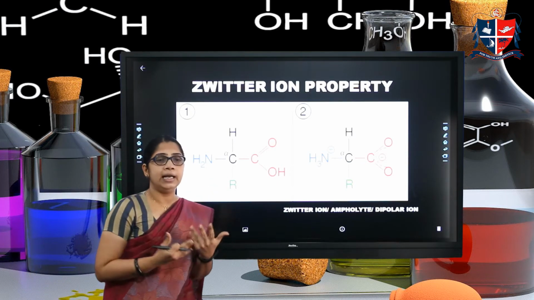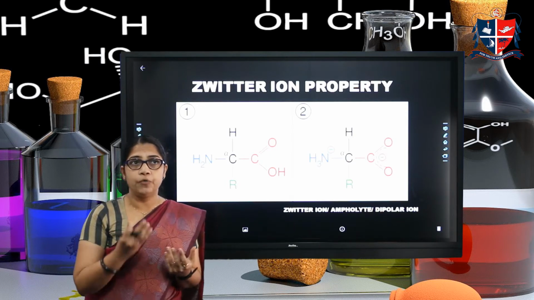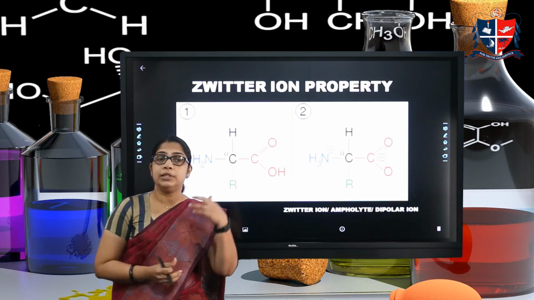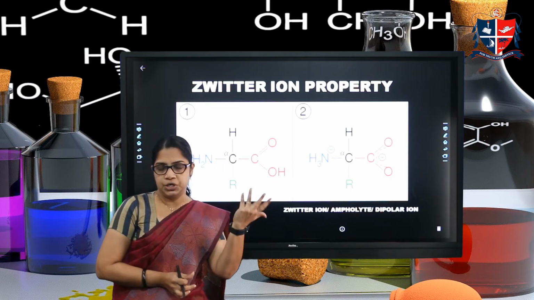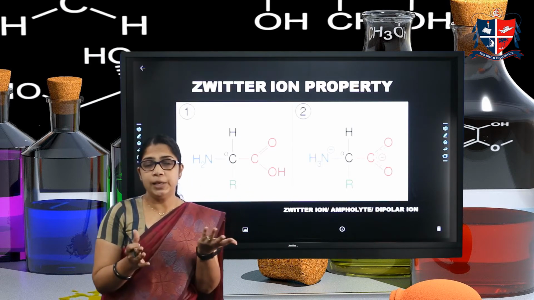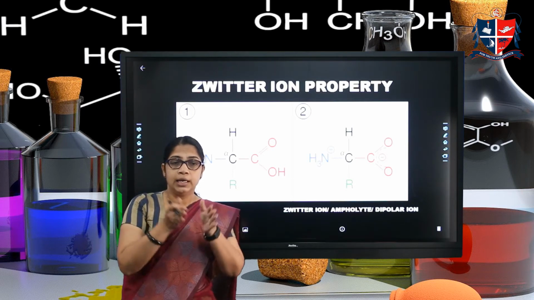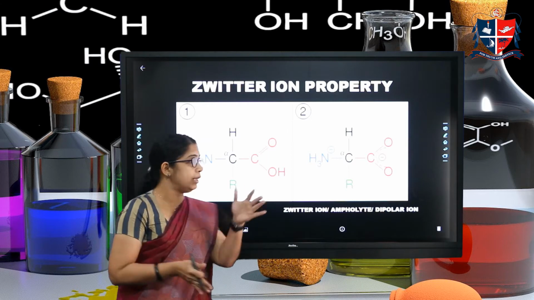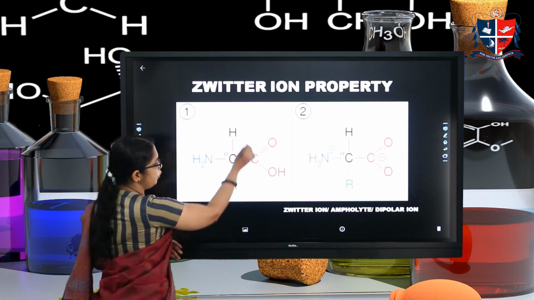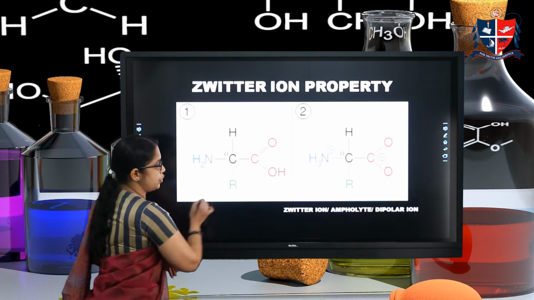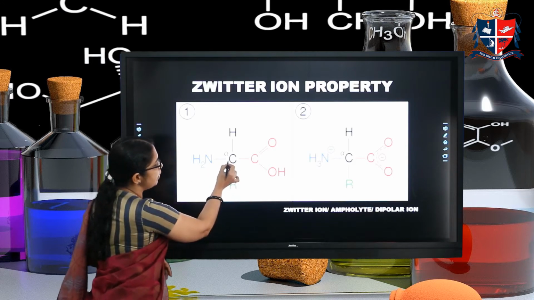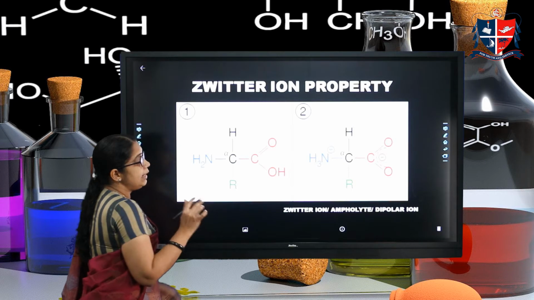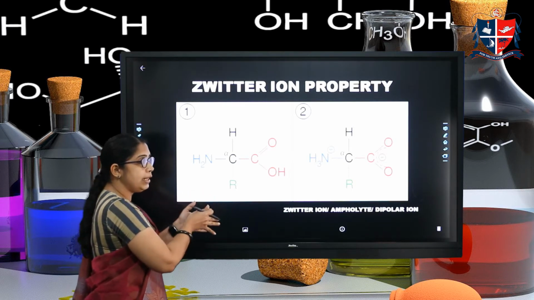If we measure the dipole moment of an amino acid in a solution phase, the dipole moment value is found to be very large compared to what is expected, which means that in an aqueous solution, this amino acid exists in another form, not in the molecular form. This is the molecular form, that is NH2 CHR COOH. This is the alpha carbon. So in an aqueous solution, it is not in the molecular form.